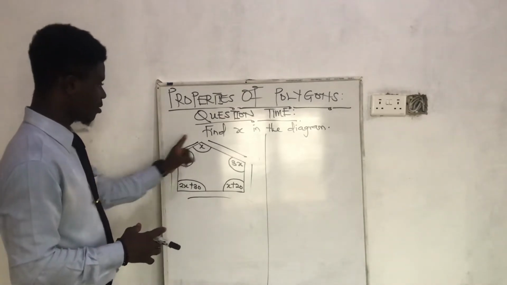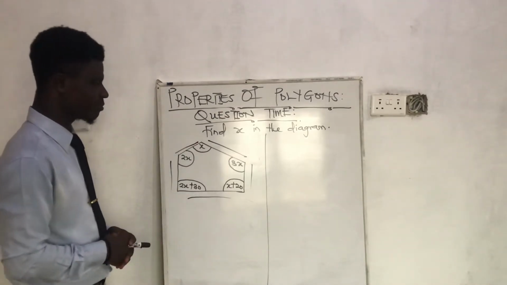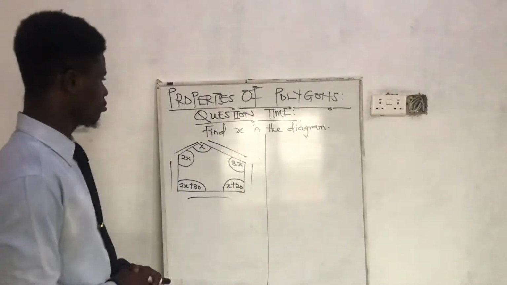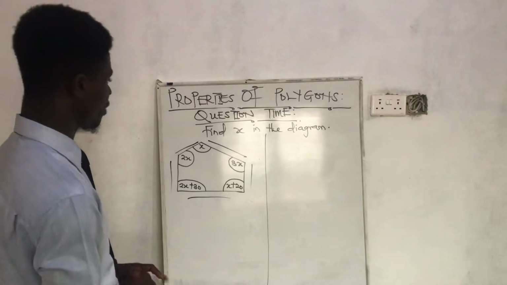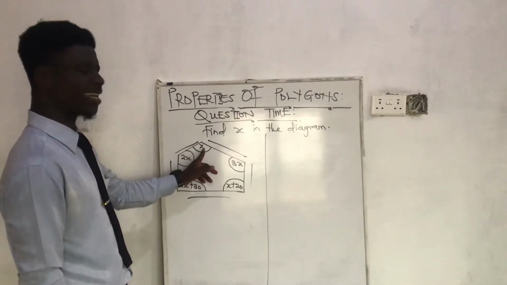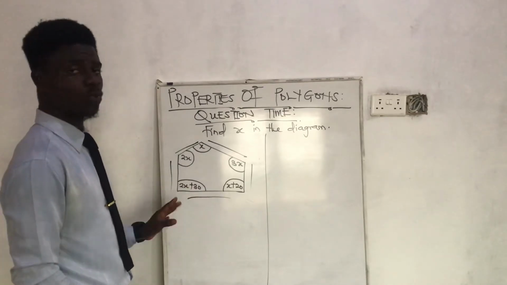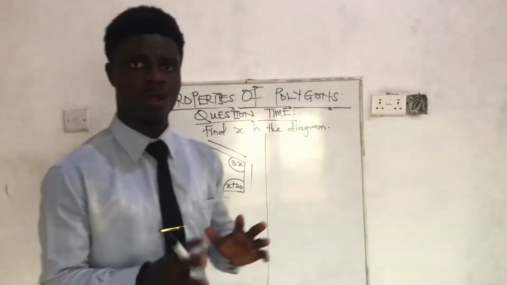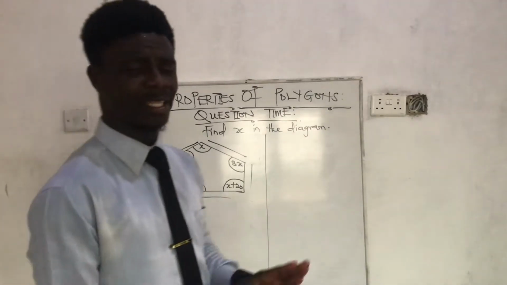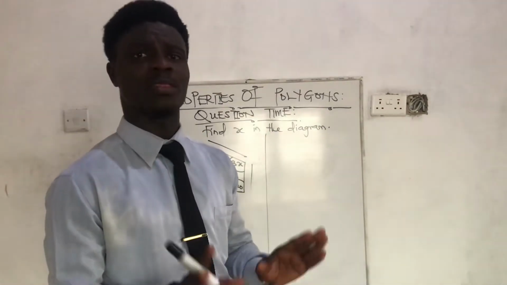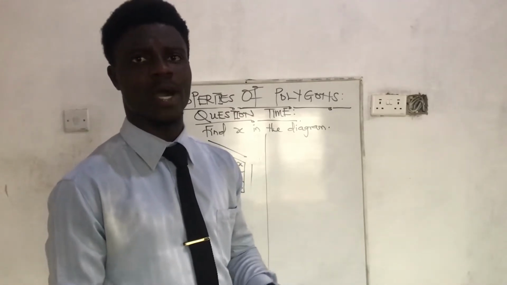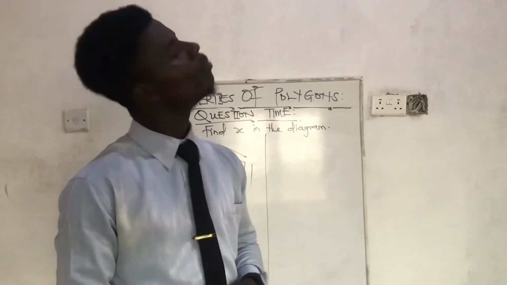Because the sides are not equal. When you check the interior angles, 2x and x, no, they are not equal. So this one is an irregular polygon. An irregular polygon is a type of polygon with different sides and different interior angles.